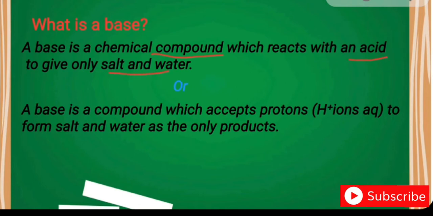Now let us take one example. Sodium hydroxide is a base. So this is your sodium hydroxide. When the sodium hydroxide reacts with an acid, and I have taken the acid here, HCl, it will form NaCl, which is one salt, and also you will get the water.